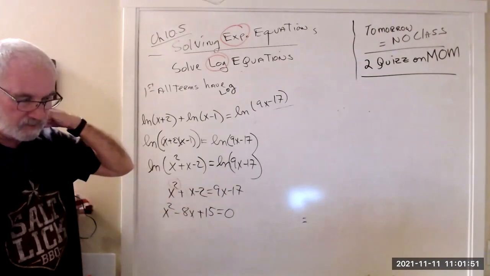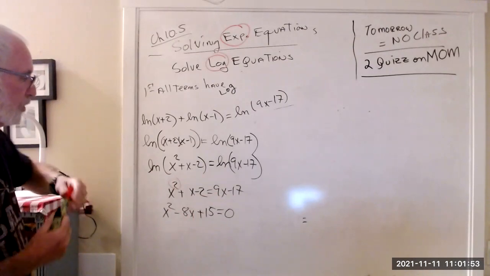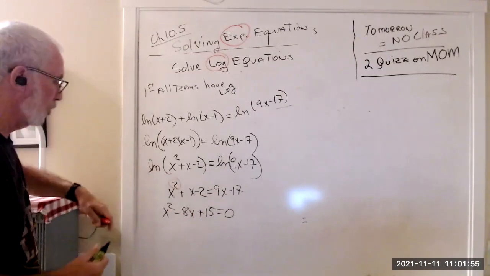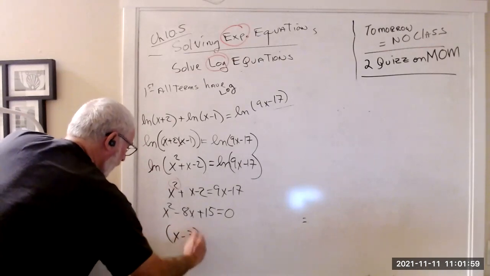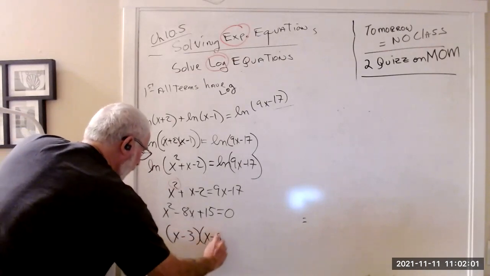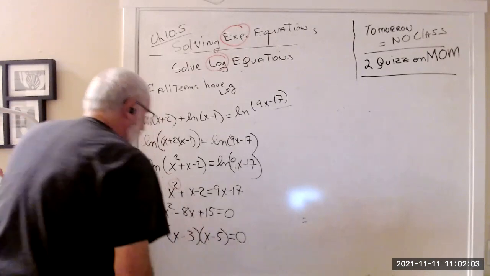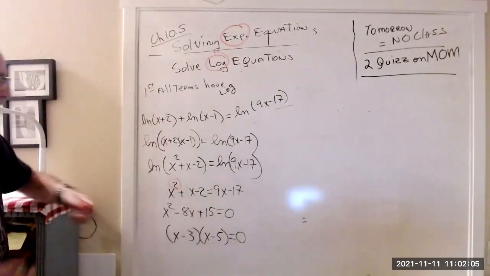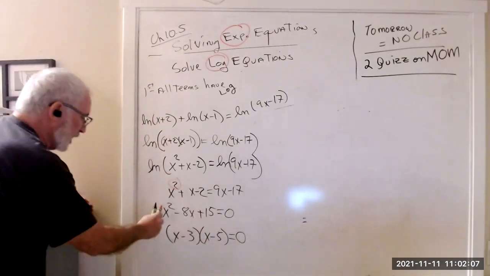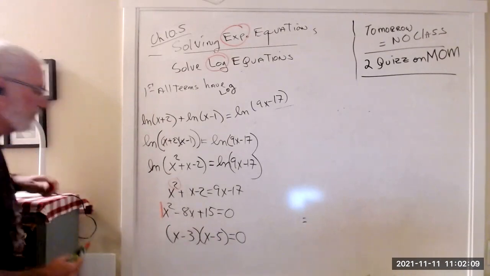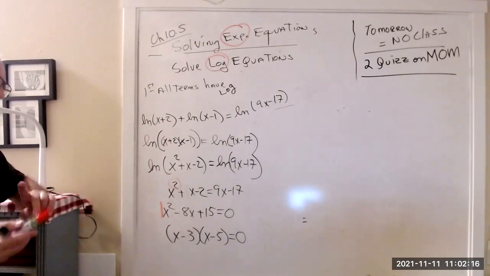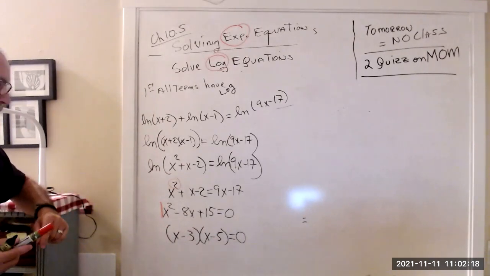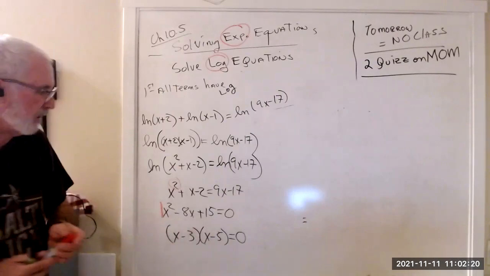Okay, and now you use your factoring rules. This will become x minus 3, x minus 5 equals 0. Remember AC, but remember this is what I call an easy factoring, because it had a 1 there, so you could just use the AC values you had to get x minus 3, x minus 5.